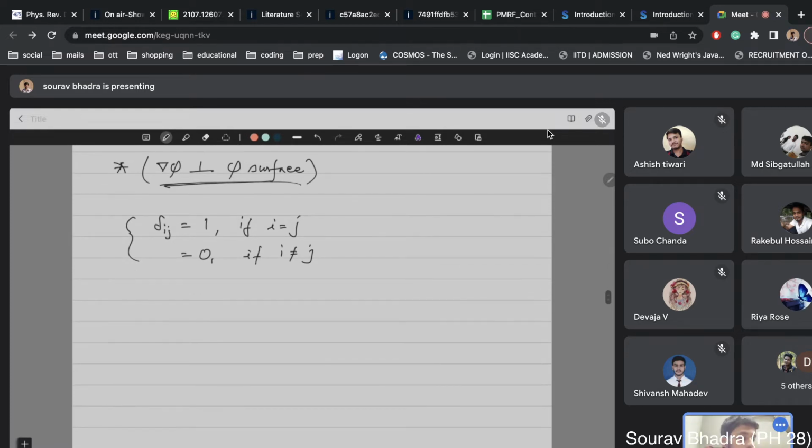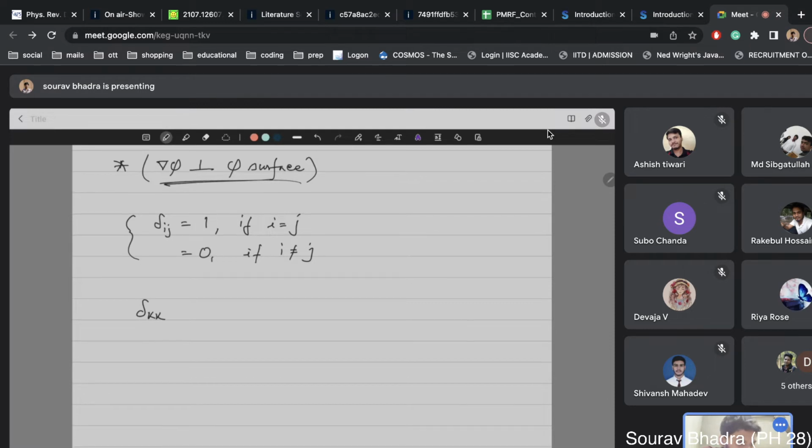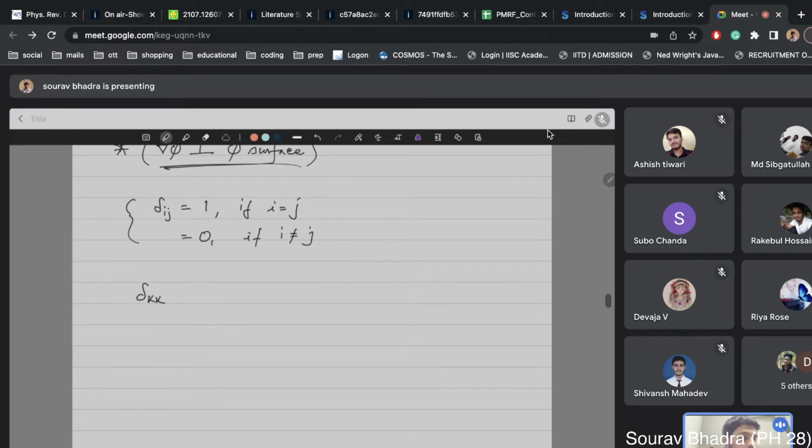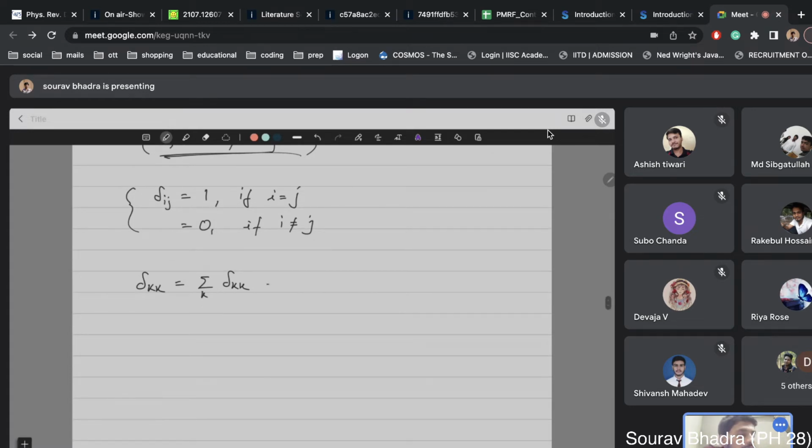Now we have to calculate, according to the question, the value of delta kk. And you know that according to the Einstein convention, if any index is repeated, that means there is a sum over that particular index. So delta kk means summation over k from 1 to infinity, or whatever the range of k.